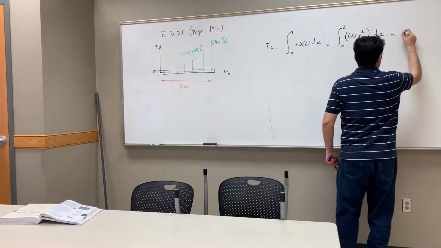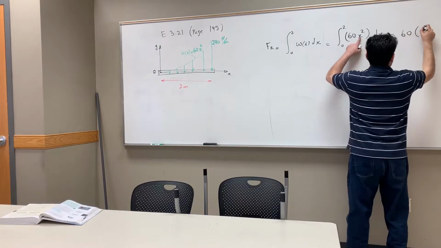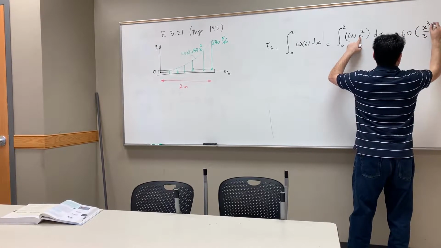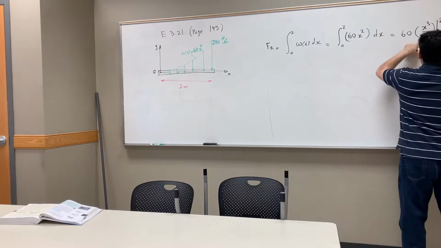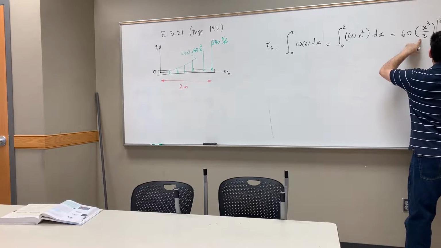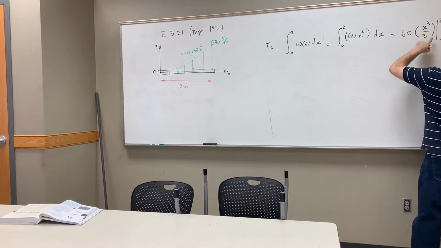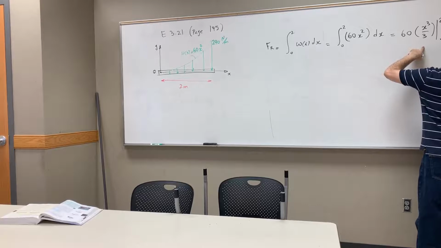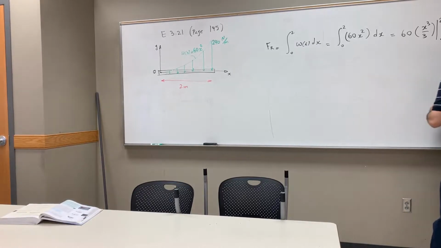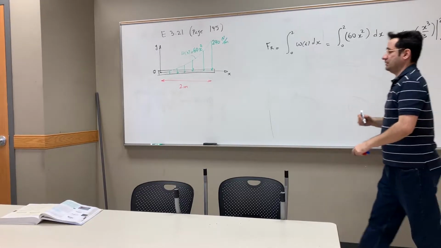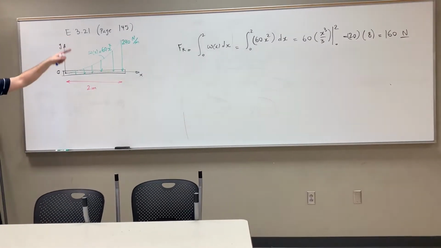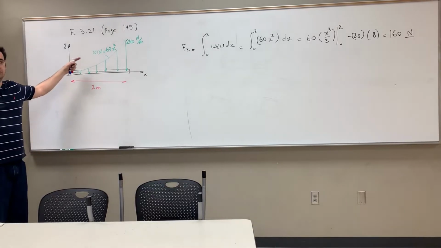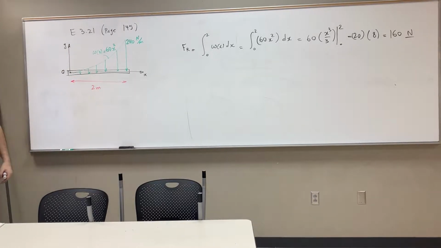Take 60 out, and that's x cubed over 3 from 0 to 2. So 60 divided by 3 is 20 times 2 to the 3, 8, which is 160 newtons. So the amount of force that this distributed parabolic force generates, the total effect is 160 newtons, if I consider it a single load.